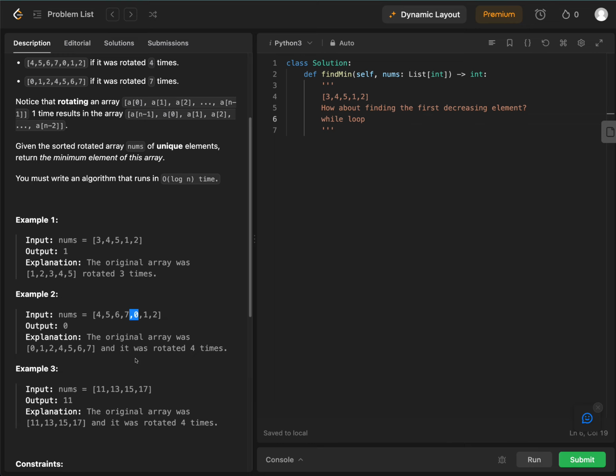Very tricky. 11, 13, 15, 17, and it was rotated 4 times. The original array was 11, 13, 15, 17, and it was rotated 4 times.